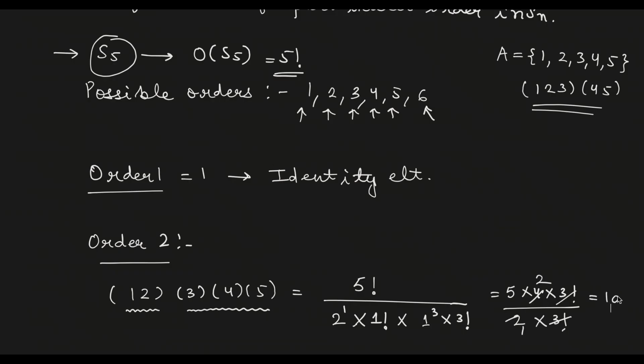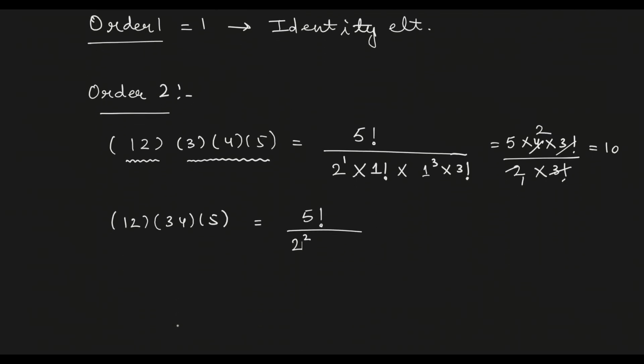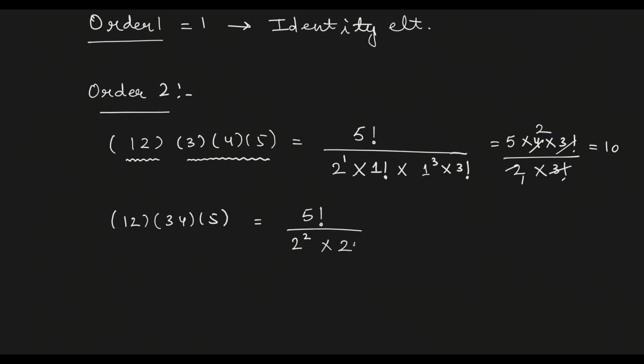So 5 into 4 into 3 factorial upon 2 into 3 factorial. So 10. And one more type with 2 cycles is possible: 1 2, 3 4, 5. By taking the LCM of 2 and 2, I am getting order 2. So this will be 5 factorial upon 2 to the power 2, because there are 2 cycles of length 2, into 2 factorial, into 1 to the power 1 into 1 factorial.